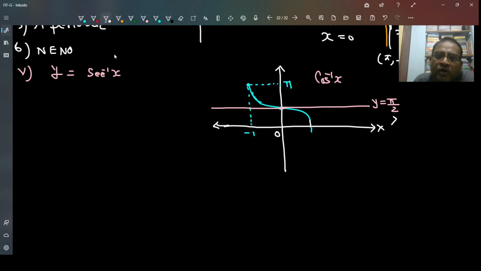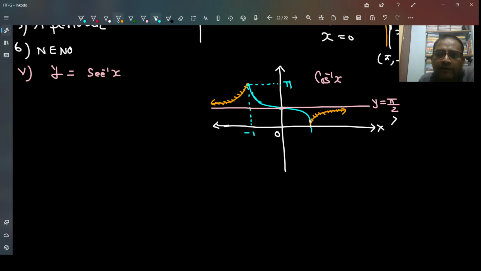Take the reflection of the lower part here, and take the reflection of the upper part like this. So this yellow color portion is actually the sec inverse x. Is it clear? Anyone have any doubt?